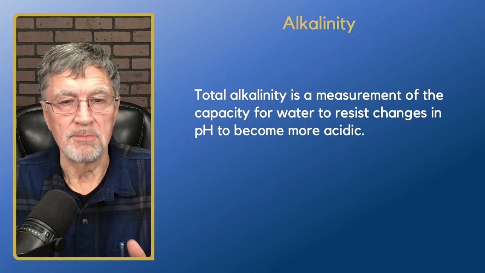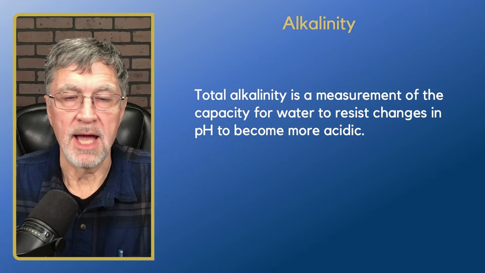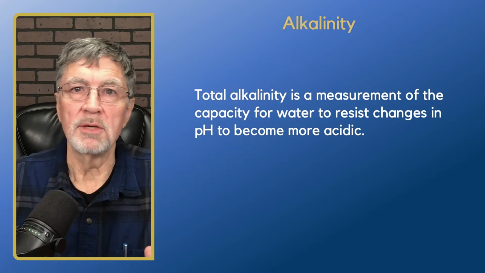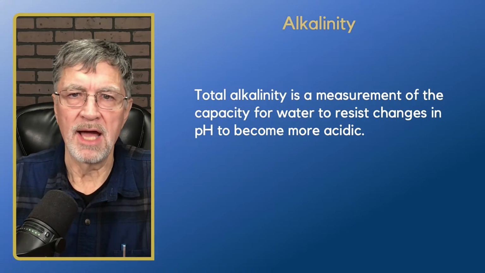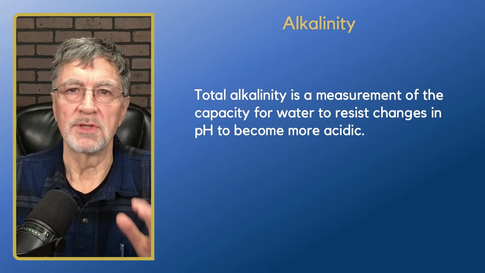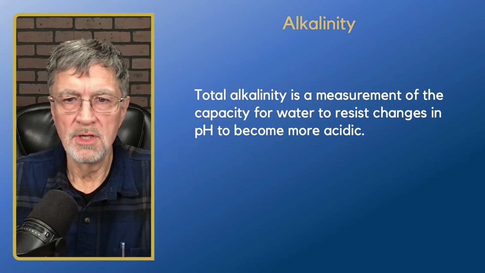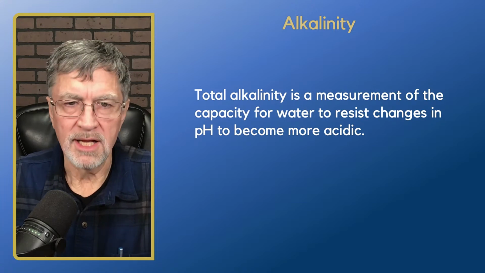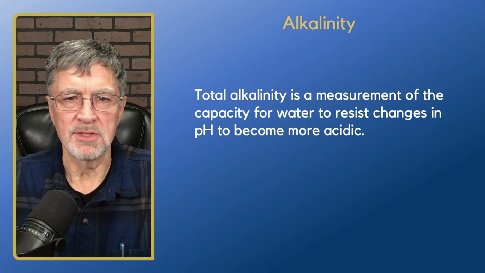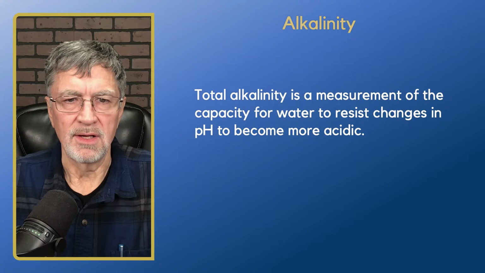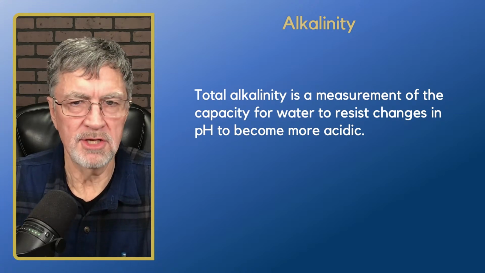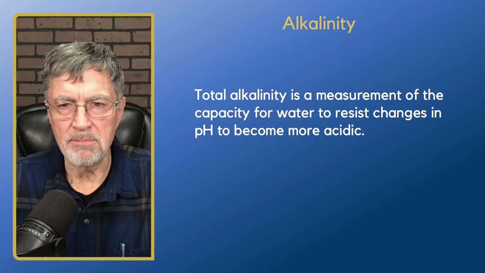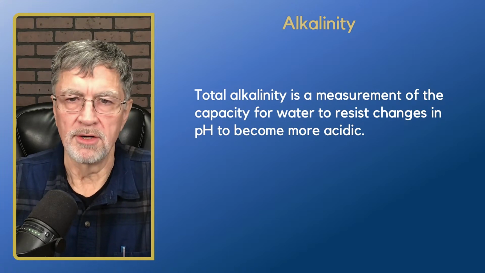This becomes important when we're rehabbing a well because we're generally going to be using acids. Alkalinity is going to impact the amount of acid we use and the concentrations of the acid. It's a related parameter to pH, because the shifts in pH that we want to make during well rehabilitation are going to be impacted by the alkalinity of the water.